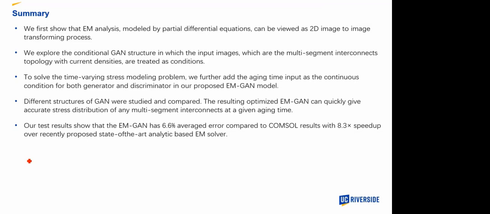The resulting optimized EM-GAN can quickly give accurate stress distribution of any multi-segment interconnects at a given aging time. Our test results show that the EM-GAN has 6.6% averaged error compared to COMSOL results and achieves 8.3 times speed up over recently proposed state-of-the-art analytic-based EM solver.